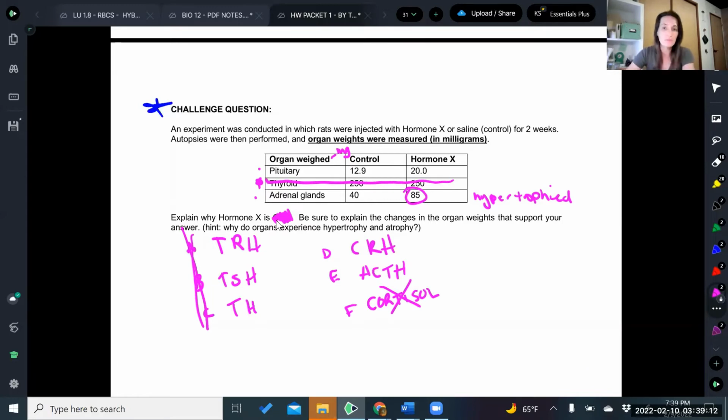And with respect to the pituitary, that would be ACTH as a potential hormone that we're injecting. Compared to the control, those rats that we're injecting with the unknown hormone have a much larger pituitary, which would suggest that those corticotroph cells that are releasing ACTH are enlarged and overproducing ACTH. We also have hypertrophy here.